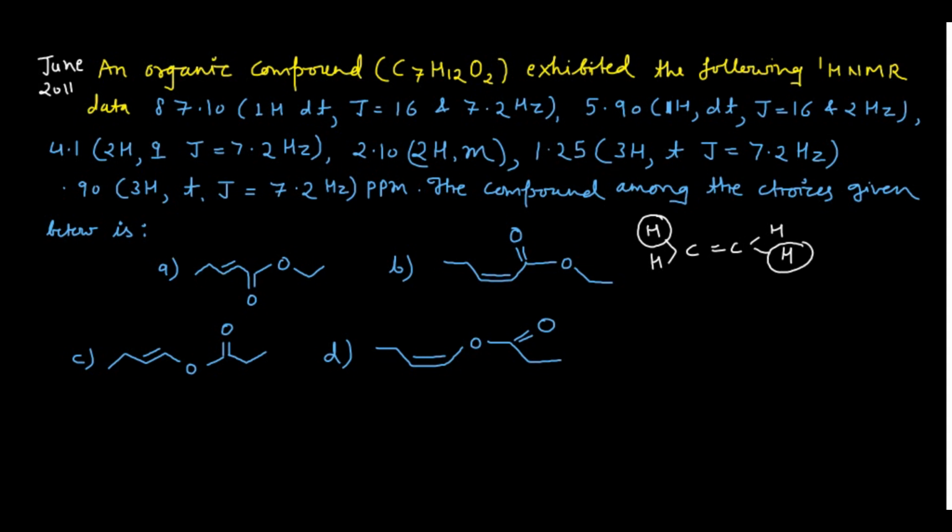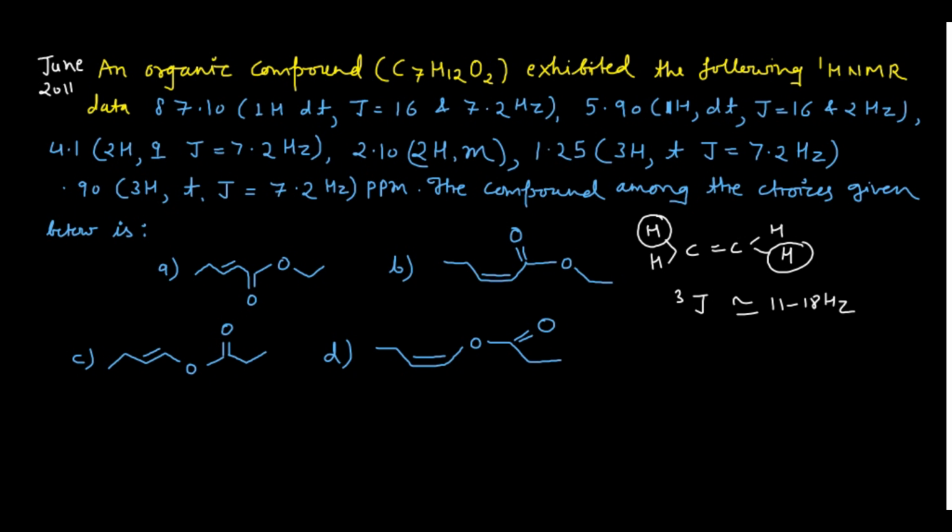And for trans hydrogens, it is a 3 bond coupling. Why? You see, bond number 1, bond number 2, bond number 3. So it's a 3 bond coupling, that's why 3 is here. The J value of this trans coupling is roughly around 11 to 18 hertz. Please remember, it is 11 to 18 hertz.